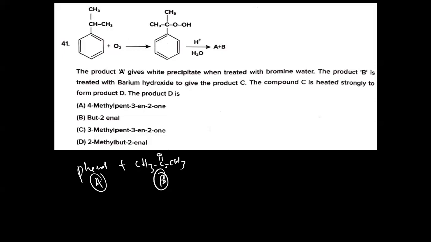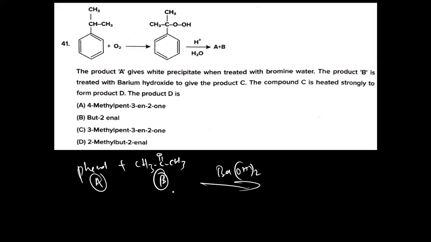So we know that cumene hydroperoxide on acid hydrolysis gives phenol as well as acetone. Then barium hydroxide, Ba(OH)2, is given.